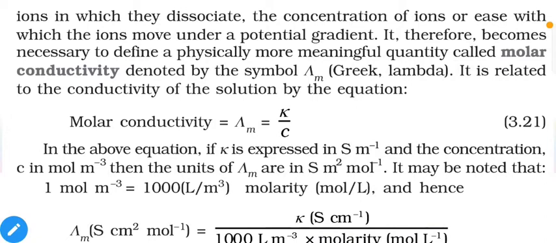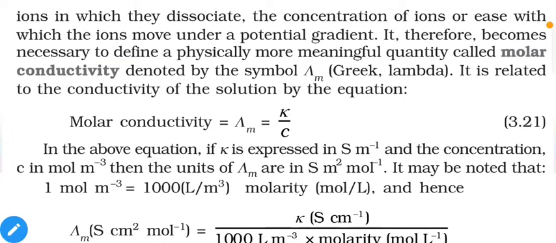Now in the above equation 3.21, if kappa is expressed in S meter inverse and the concentration C in mole meter raised to minus 3, then the unit of lambda m is S meter square mole inverse. It may be noted that 1 mole meter raised to minus 3 is equal to 1000 liter divided by m cube.